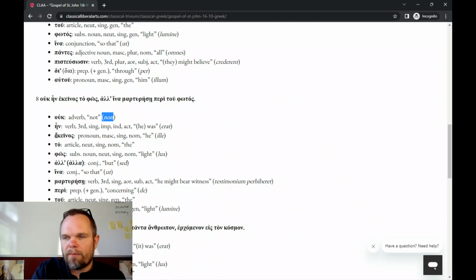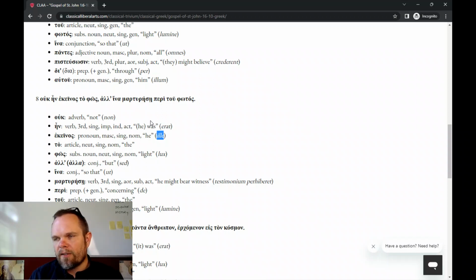Ekeinos is a pronoun, a demonstrative pronoun, equivalent to the Latin ille. So it means that. So we saw houtos in the previous verse. Houtos is equivalent to the Latin hic, means this. Ekeinos is equivalent to the Latin ille. It means that. So keep houtos and ekeinos in mind together because they're the two different demonstrative pronouns. Houtos, this, and ekeinos, that.